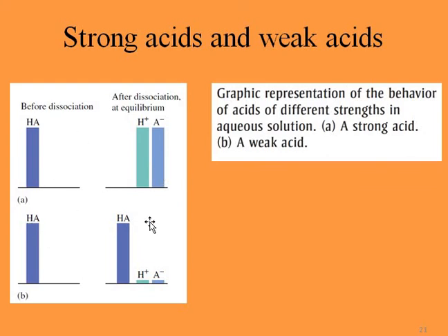But whenever we have a weak acid, it's mostly undissociated, and the concentration of original HA is almost the same as the concentration of HA after dissociation, and we produce just a little bit of H plus and A minus. That's why we call it a weak acid.